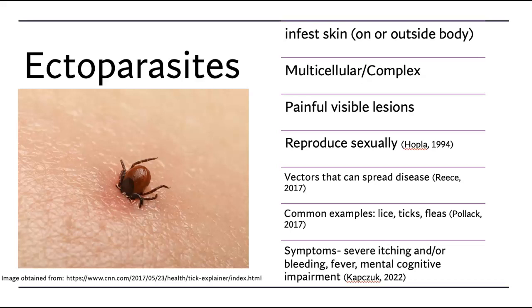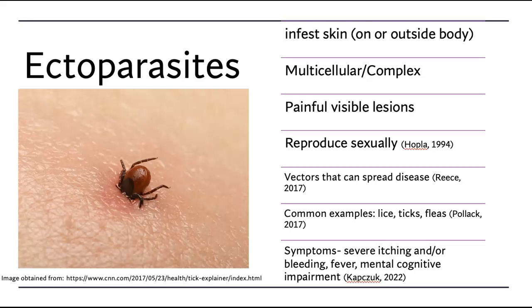The female, once she has obtained a meal of blood, which is what they want from the host, will mate with the male, and then a little while later she'll lay her eggs, and she will die once she lays her eggs.